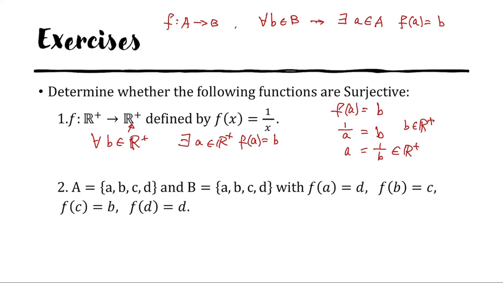And your a is an input. So when we define the function, we cannot let 0 be in the input set. If 0 is in the input set, this is not even a function, since 0 would have nowhere to go.